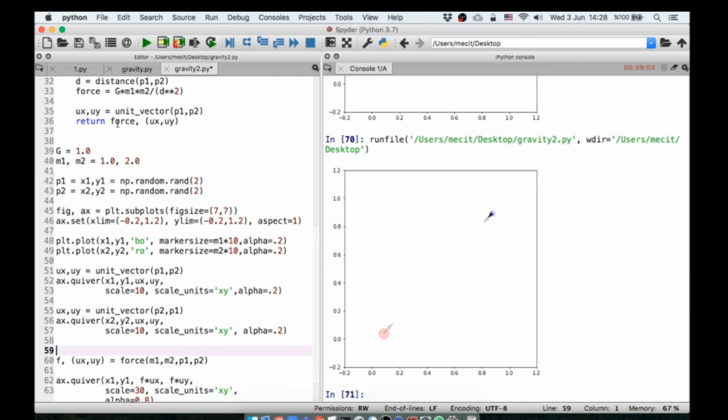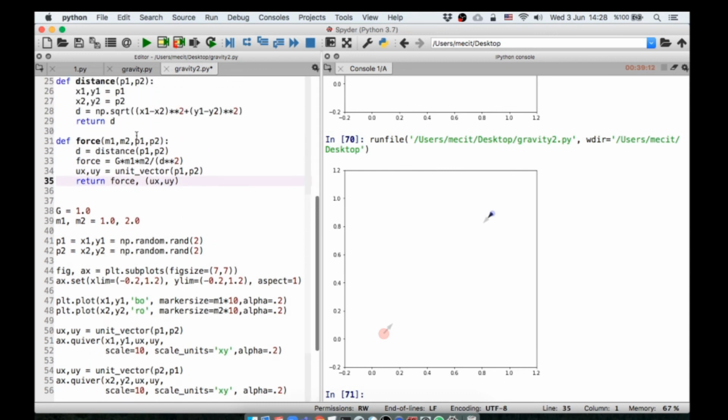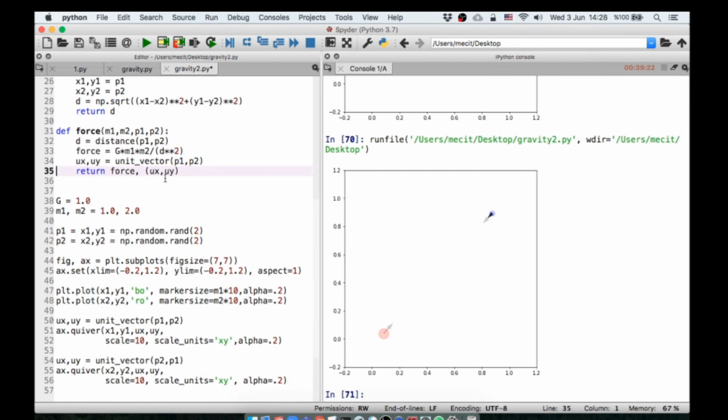So this returns the force and the unit vectors. Within this, I am actually getting a vector representation of the force when I get the unit vectors also.